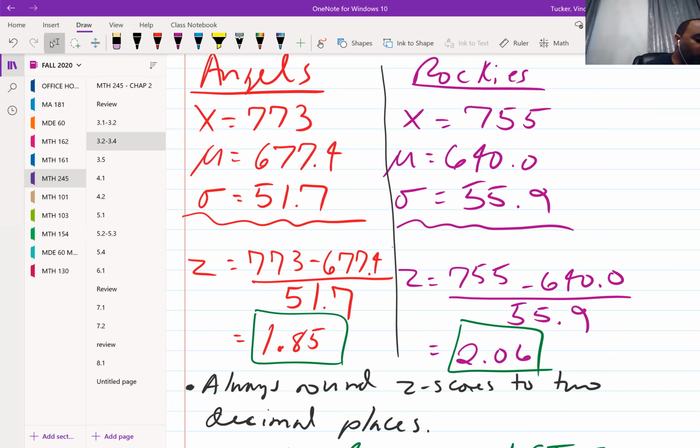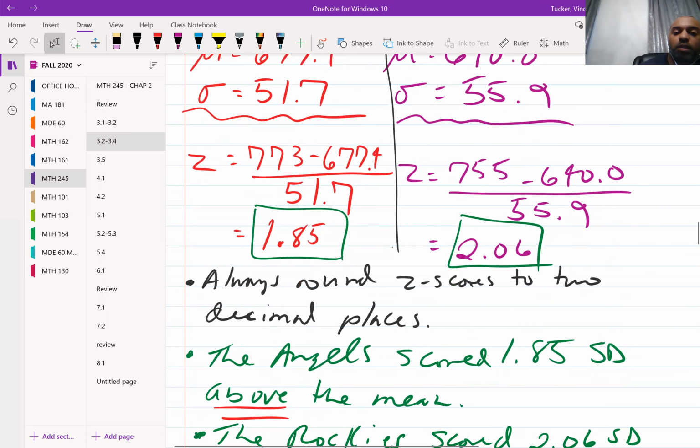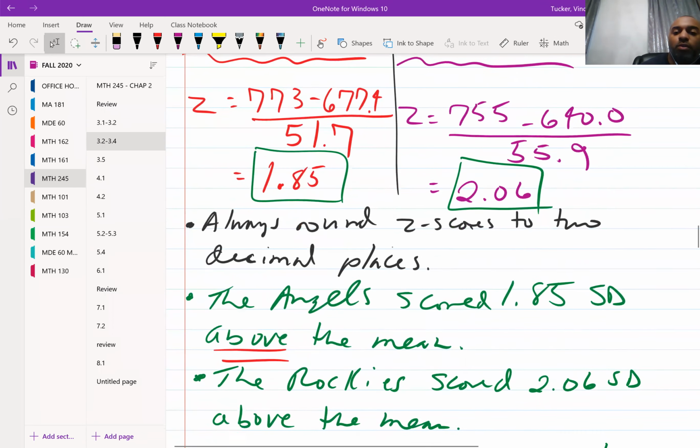All right, any questions so far? All right, so what that means for us, the Angels scored 1.85 standard deviations above the mean. The Rockies scored 2.06 standard deviations above the mean. Underlined above right here because our values are positive. If it was negative, then you would have said they scored below the mean.